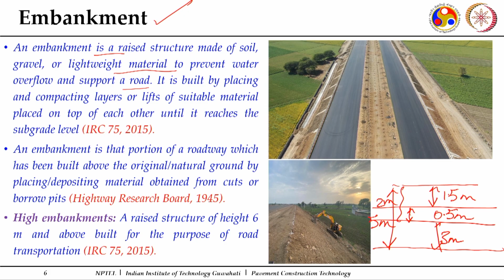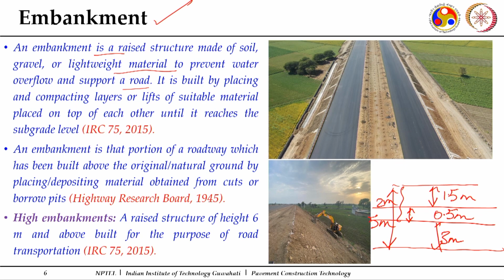The level has to be raised so that there is no overflow of water over the road surface, otherwise the entire road gets submerged, and then your connectivity is broken, and it becomes a challenge. You want your surface to be available for traffic under any situation. If it gets submerged under water, traffic cannot move over it, and the purpose is lost.